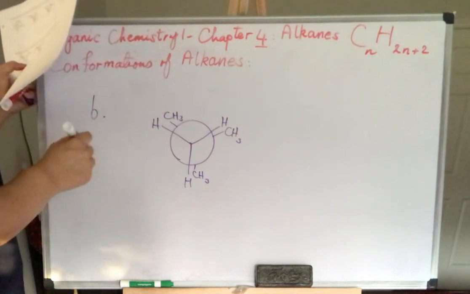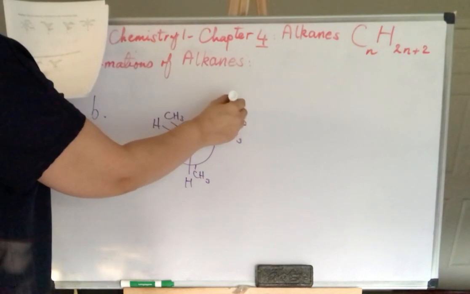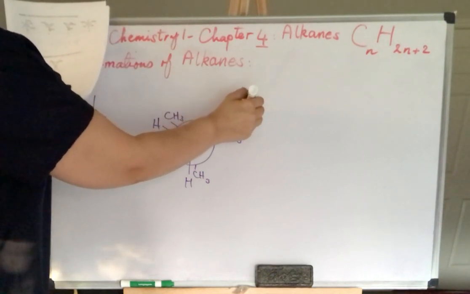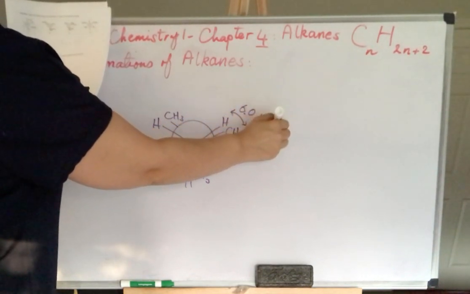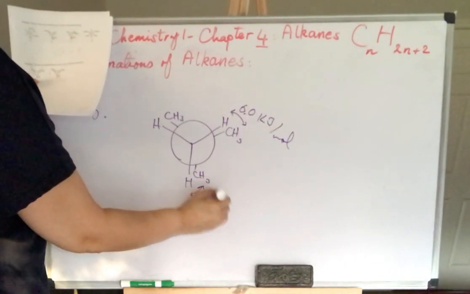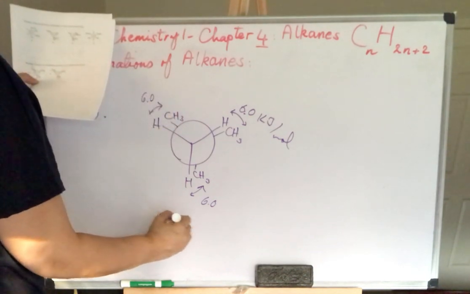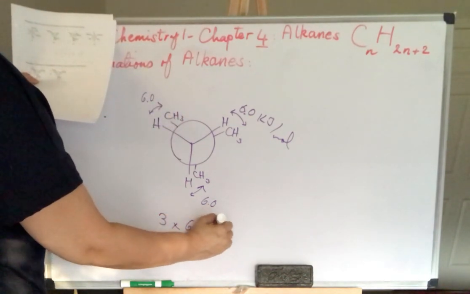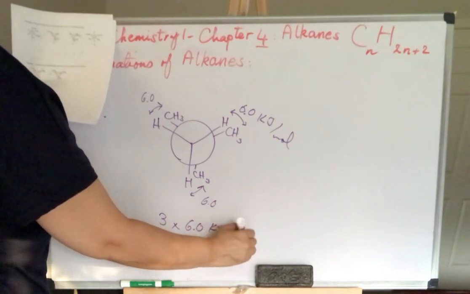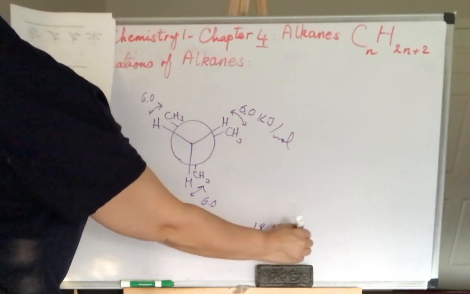According to that table, the torsional strain between hydrogen and CH3 eclipsed is 6 kilojoules per mole. And you have 3 of them, right? So what is the total torsional strain here? 3 times 6 kilojoules per mole, which is 18 kilojoules per mole.